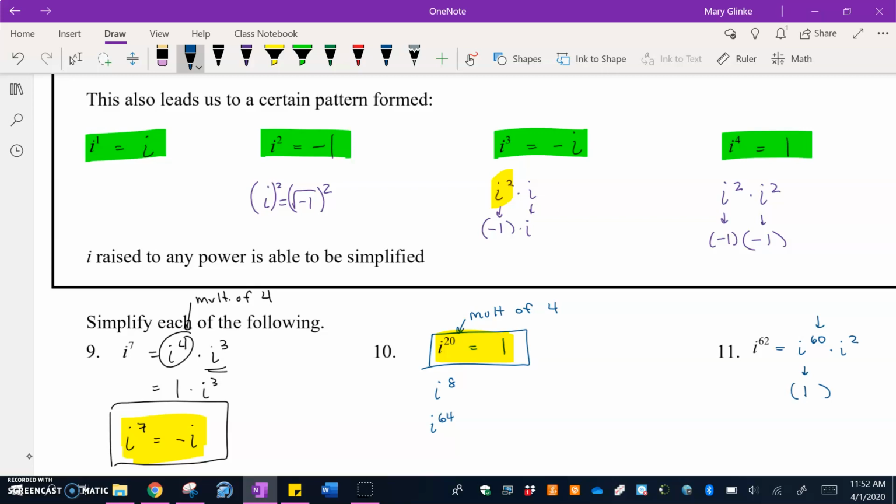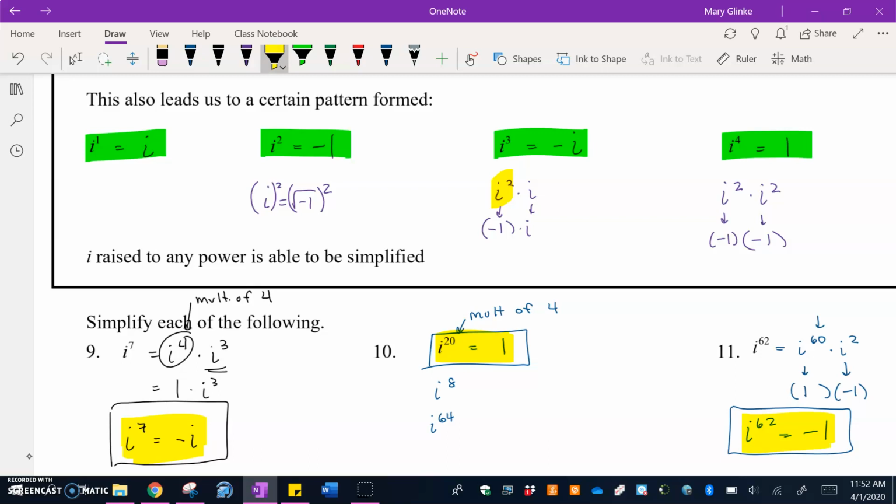So if i to the 60th simplifies to 1, and i squared is -1, that's going to help us figure out i to the 62nd power. We're going to do 1 times -1, in essence, -1.